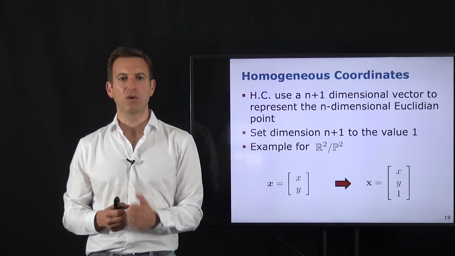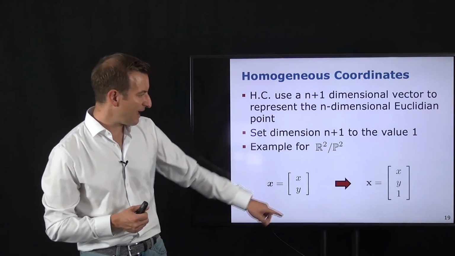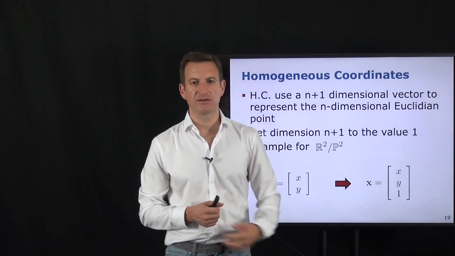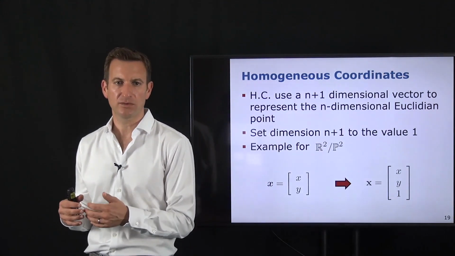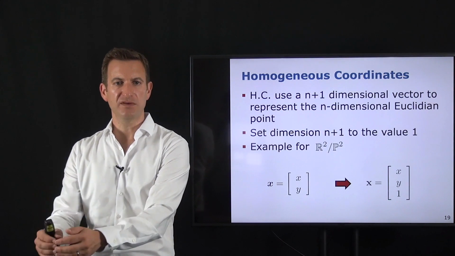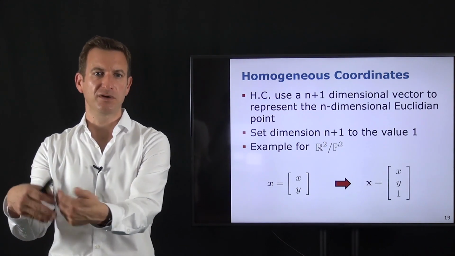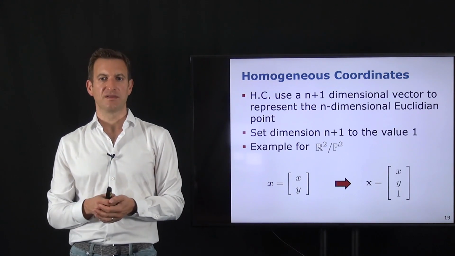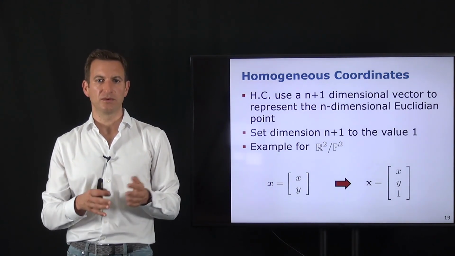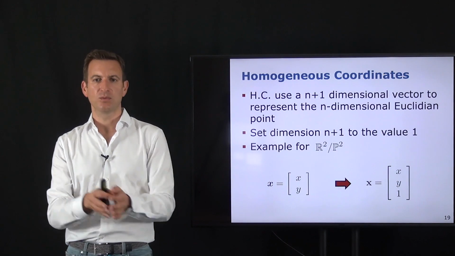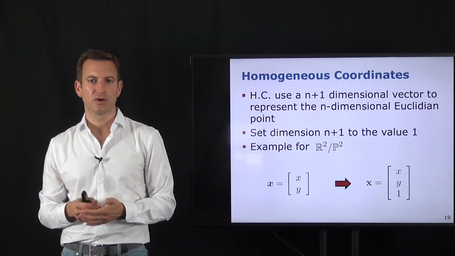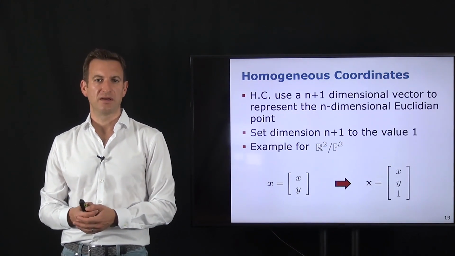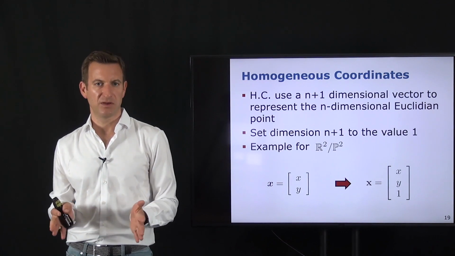That means we add one additional dimension as the last dimension of our vector. So a 2D vector turns into a 3D vector, a 3D vector turns into a 4D vector, a 4D vector turns into a 5D vector. And the last dimension in this vector is set to 1. So if we move from our Euclidean world to our homogeneous world, to our projective space, we add a 1 as a last dimension. And that's basically it.